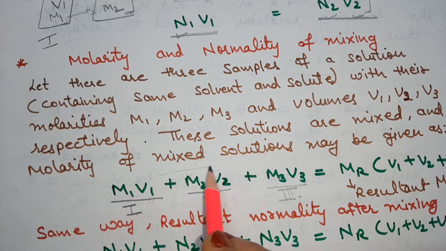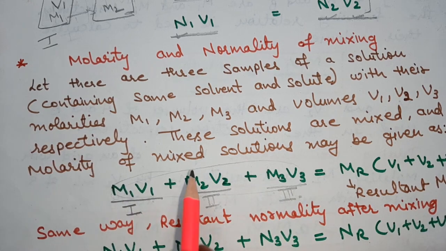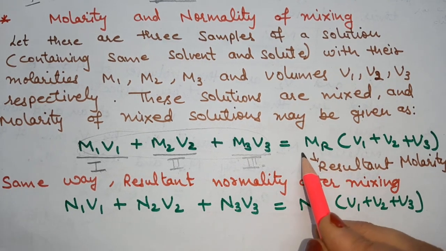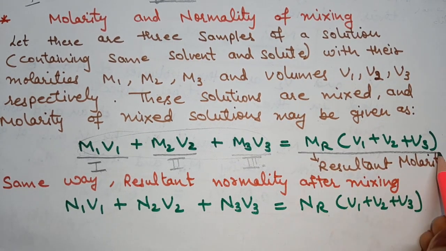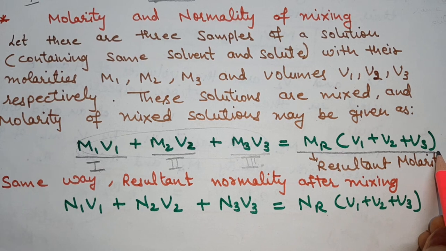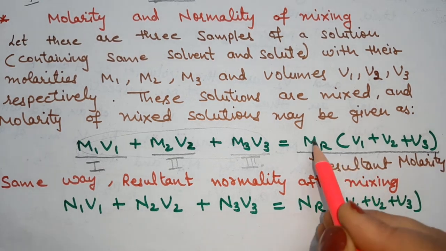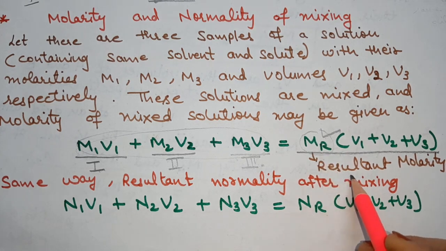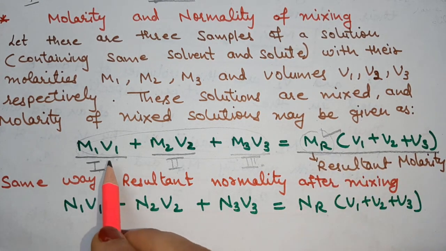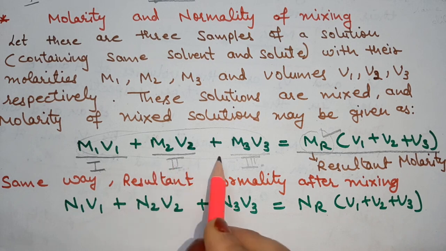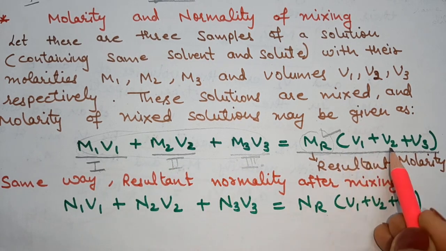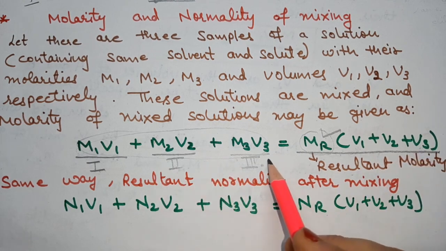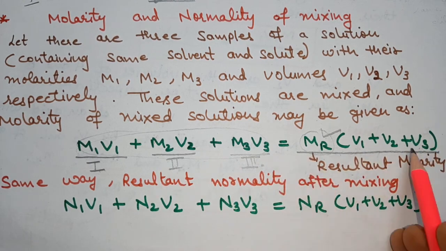Suppose we are now mixing these three solutions together. After mixing, the molarity of the resultant solution is taken as MR. So this is the molarity of the resultant solution formed by mixing all three solutions, and V1, V2 and V3 are the volumes of these three solutions which we are mixing together.